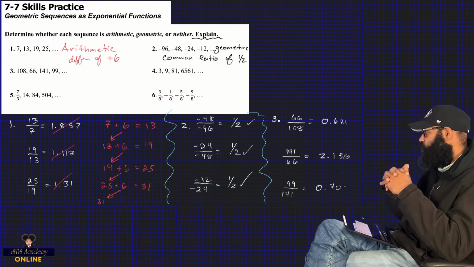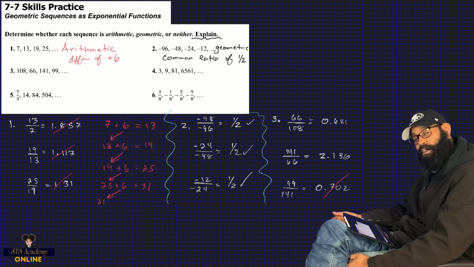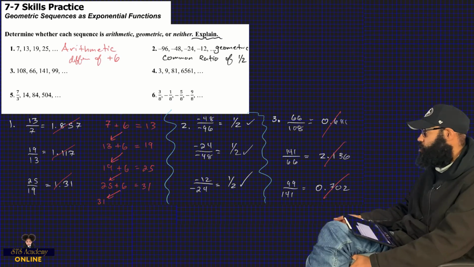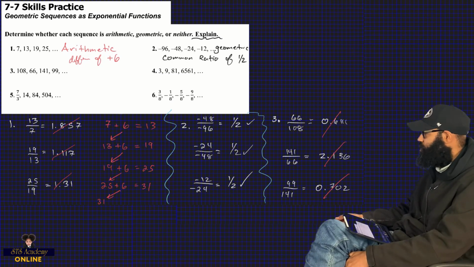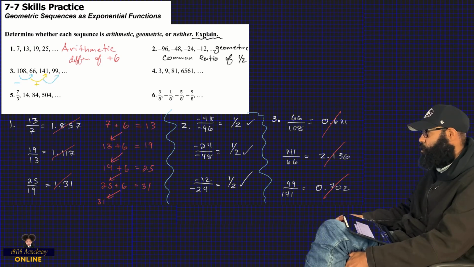All right? So since none of them match, I'm going to go to my next theory, which is, well, how do I get from 108 to 66 then? Do I add? No. I subtract. And how do I get from 66 to 141? Well, I would have to add.